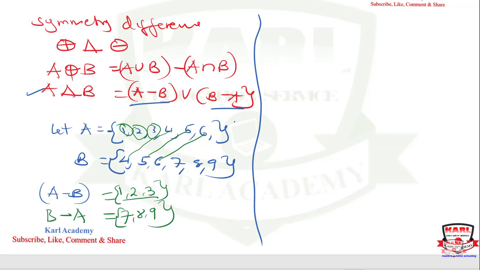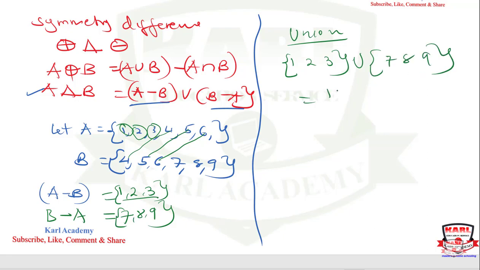Now, to get the symmetric difference, we take their union. You'll find that the answer is 1, 2, 3, 7, 8, 9.